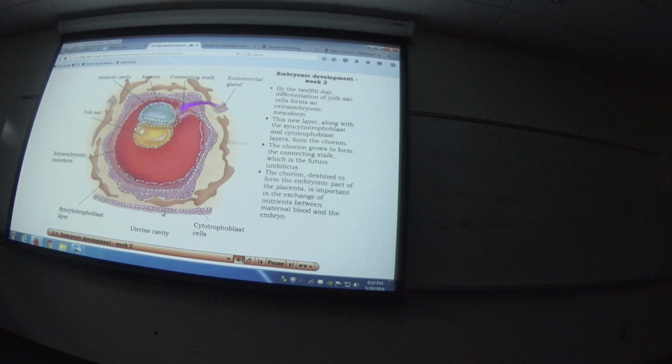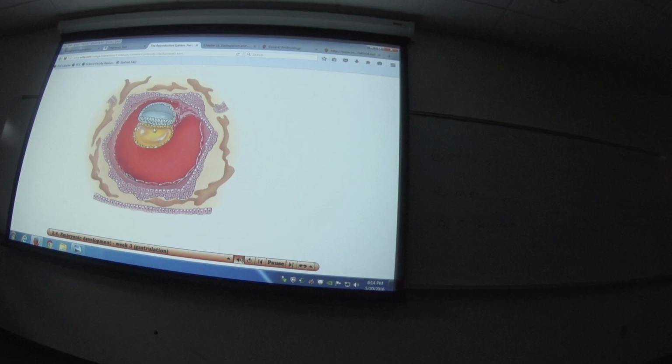The chorion, destined to form the embryonic part of the placenta, is important in the exchange of nutrients between maternal blood and the embryo. We'll do that next week. So now we've basically taken our implanted item, and now we're breaking the layers. Those layers are then going to start morphing into tissues and organs.